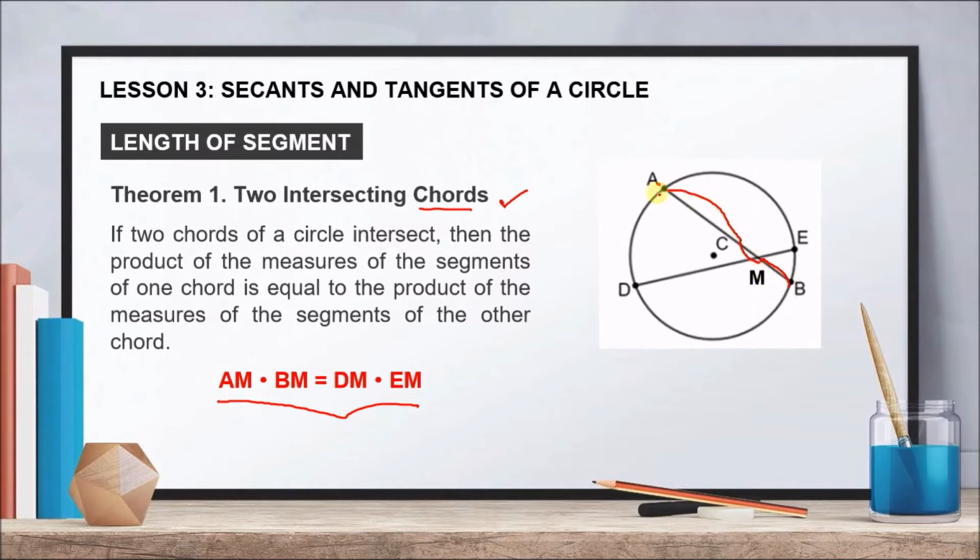Getting the product of that will be the same as the product of DM and EM. Again, pag may circle na may nakita kang intersecting chords sa loob ng circle, nagkakaroon ng same product of the segments out of each chord. And through example, marirealize mo yan.